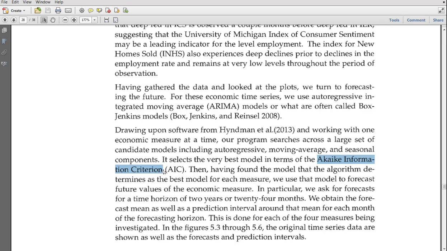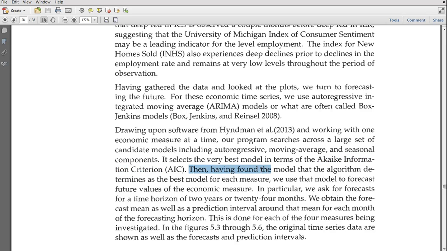So this would be some kind of measure of what is a good model. In other words, how closely the model fits the data. And there are different ways to decide about whether one is good or better than another. So this is one measure of that.